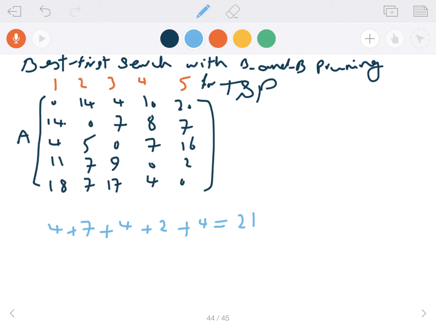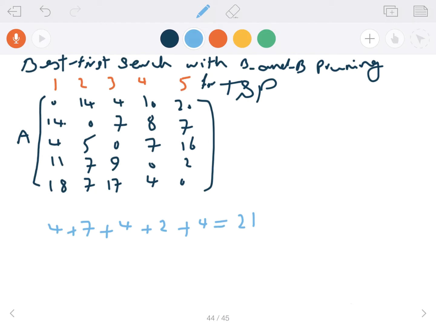Now let's solve the TSP problem using best first search with branch and bound pruning on the example that we provided here. As we said, the first node will be node 1. Again, you can choose any node, but let's just start with node 1. Starting from node 1, the minimum bound is equal to 21.